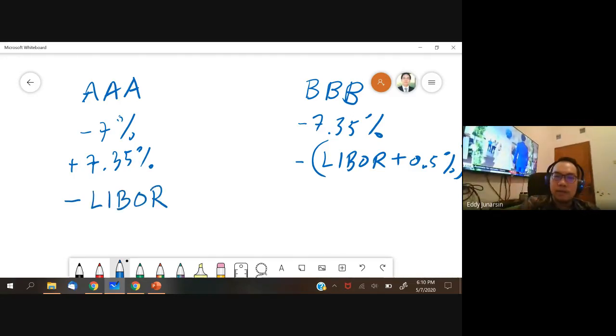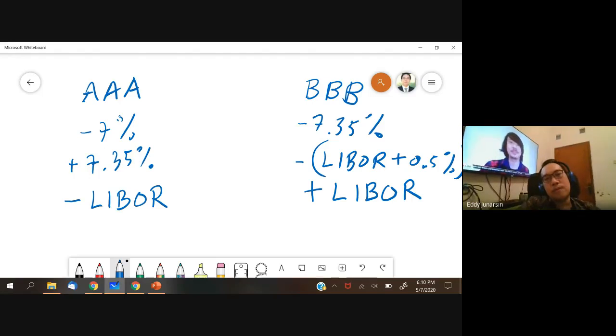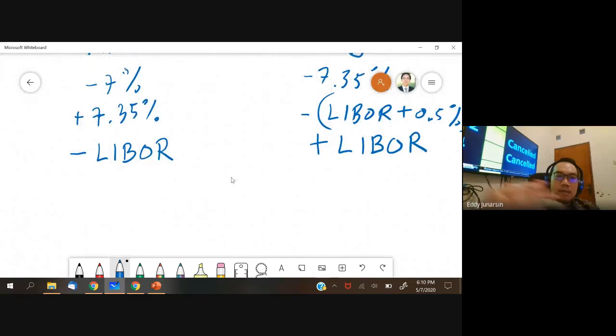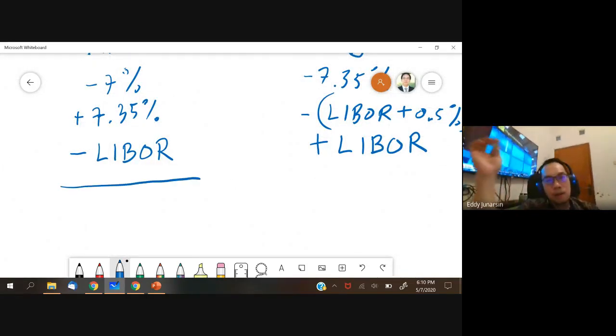Okay, so here LIBOR would be received by triple B firm. So if we add all things together, so how much is it? This would be plus what? 35, right?